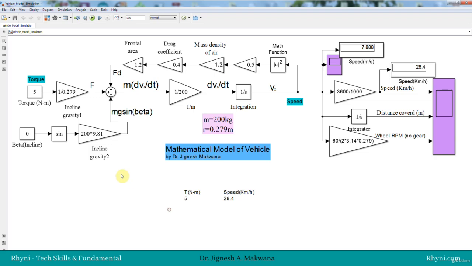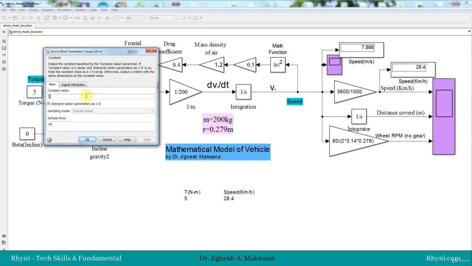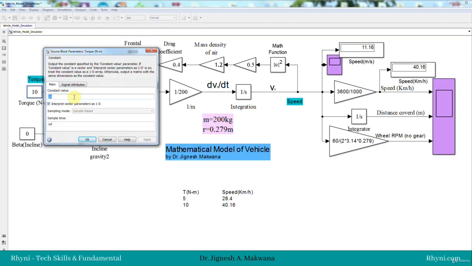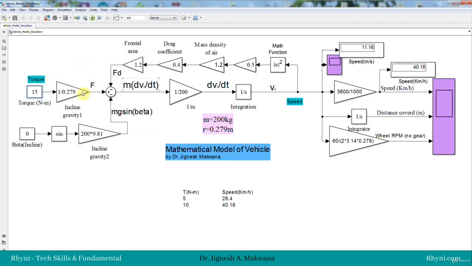Let's do the experiment one more time, increased by 5. For 10 Newton meter torque, the steady state speed is 40.16. Likewise, you need to plot up to 100 with an increment of 5. For 15 it is 49.19.